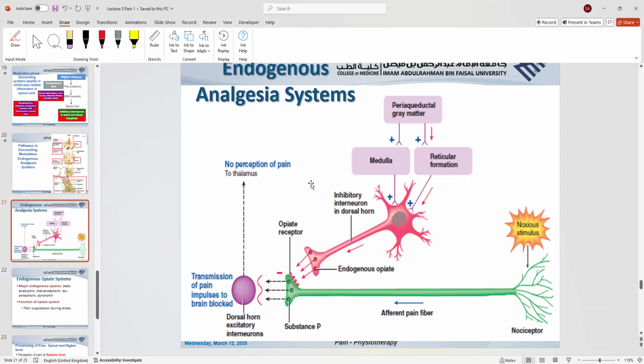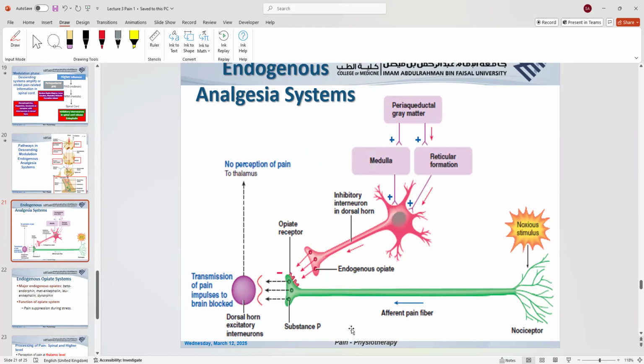So now you have to differentiate two things. One is endogenous, which is from within the body. This is using this system, periaqueductal gray matter, stimulating the medulla, stimulating the inhibitory interneuron in the spinal cord, and then this is suppressing substance P production and release.